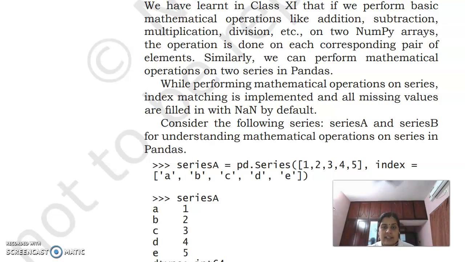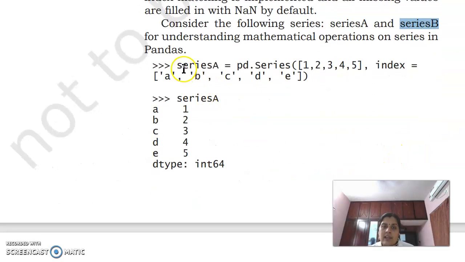Consider the following two series, series A and series B. Suppose in series A there are elements 1, 2, 3, 4, 5 and the index we supply manually. If we didn't supply the index, then automatically the index will start from 0.